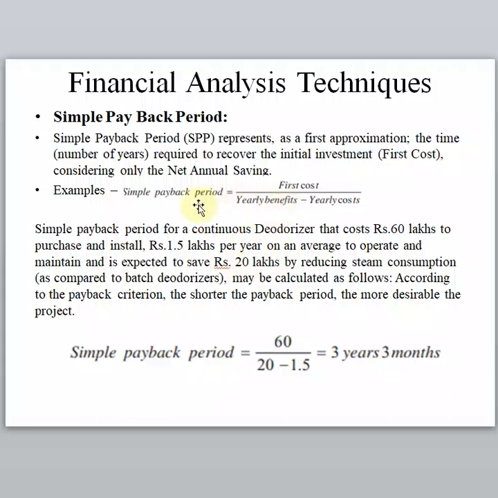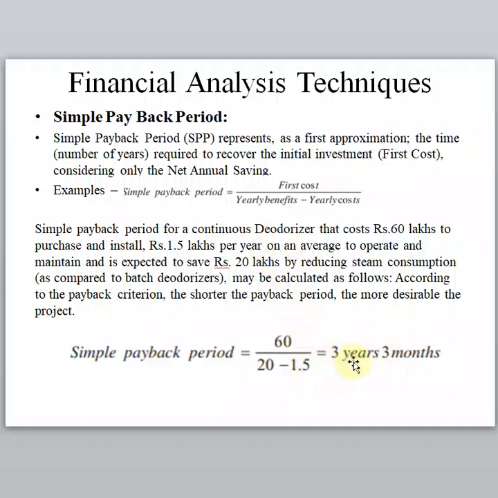By using the formula of simple payback period, you get the first cost, which they have given as 60 lakhs, divided by 20, which is the yearly benefits, minus 1.5 lakh per year, that is the operating and maintenance cost of the deodorizer. So it will be equal to 3 years and 3 months.